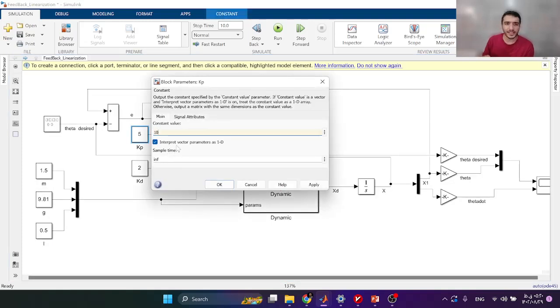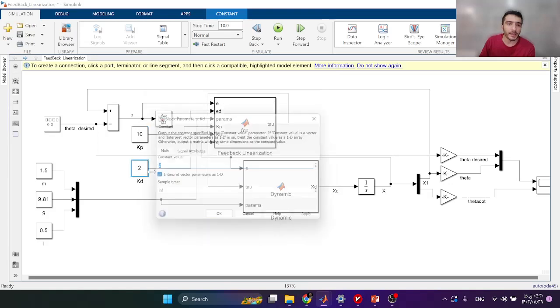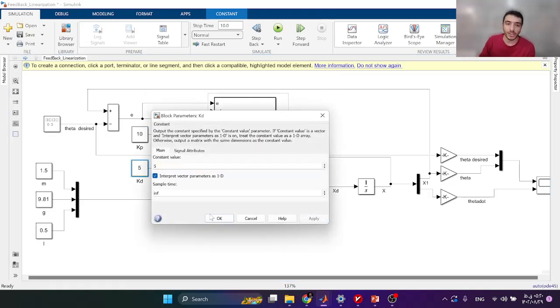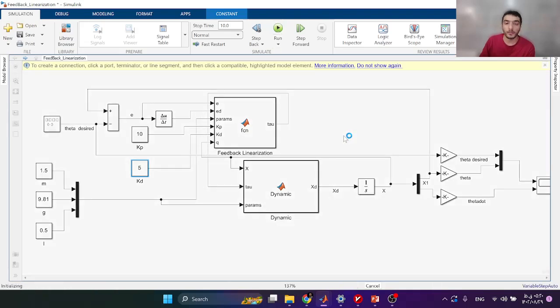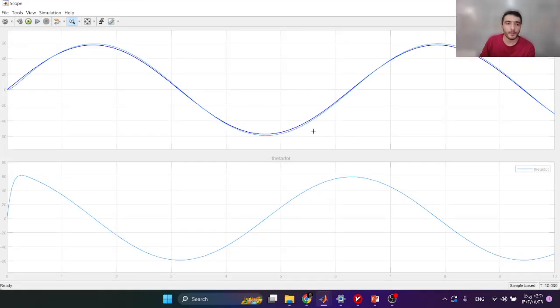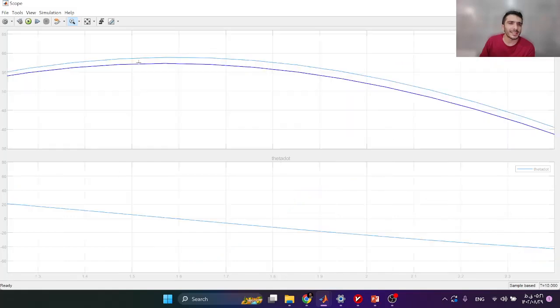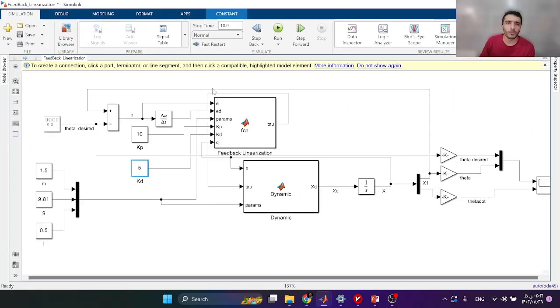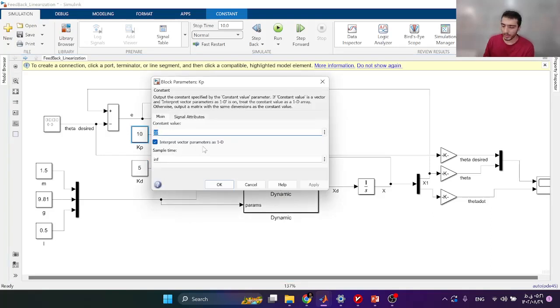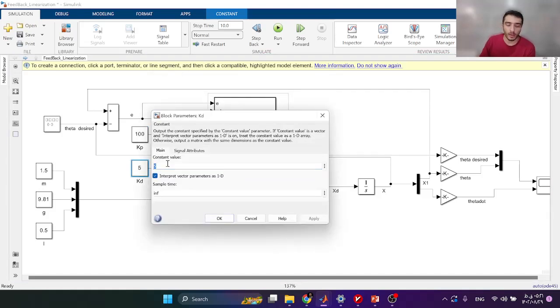If we increase the values of Kp and Kd, actually we can obtain our desired, and we can see that the error will become less here. But we can use other methods to calculate and evaluate the value of Kp and Kd such that the error becomes very small and actually close to zero.